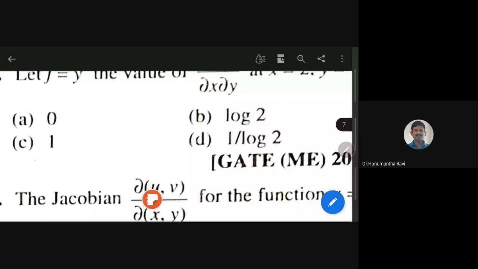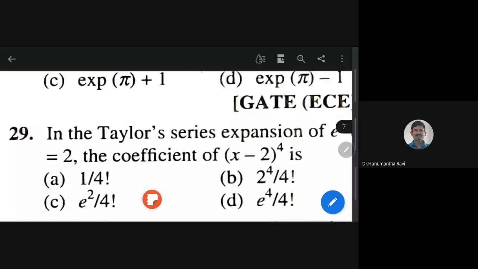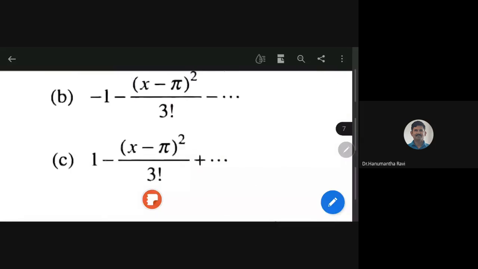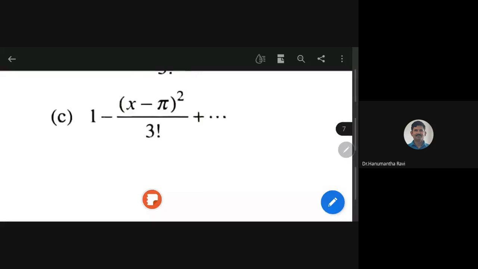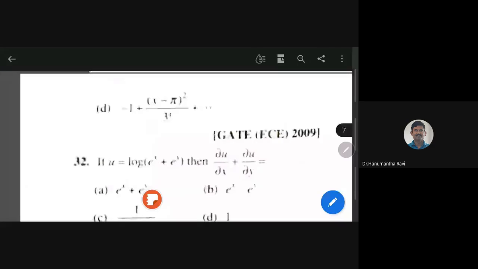Only thing that is left to be discussed now is Jacobian, and maxima and minima. Those two things we need to cover. Okay, some more problems on Jacobian.